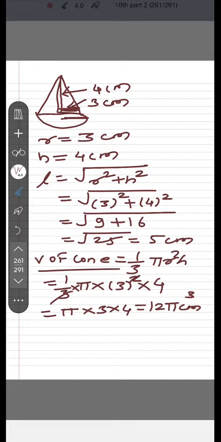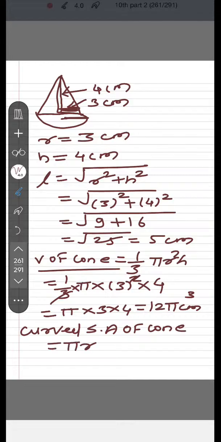Now, the curved surface area of a cone is equal to pi r l. So it is equal to pi into 3 into 5, which is 3 fives are 15 pi centimeter square.